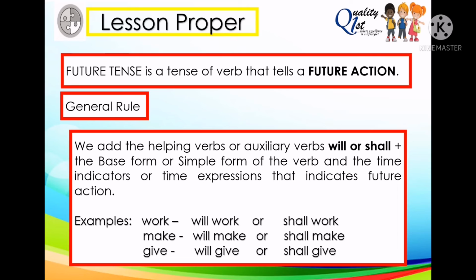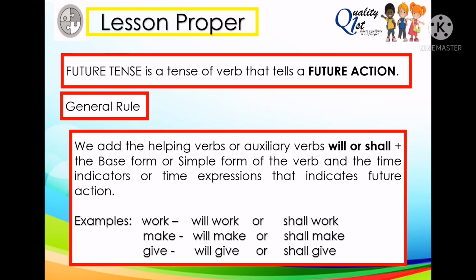The verb is work. It could be will work or shall work. Okay? Another is make. It could be will make or shall make. And for the verb give, it could be will give or shall give. Okay?